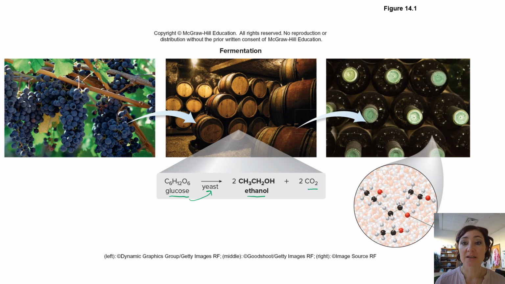So this is how we get the alcohol in wine and beer, and that's how we also get the carbonation. Not all drinks retain the carbonation, such as wine. We let that CO2 out of the container so that we have a non-carbonated wine. If we keep it, we might have something like a bubbly champagne.